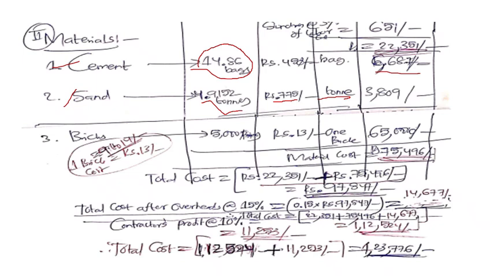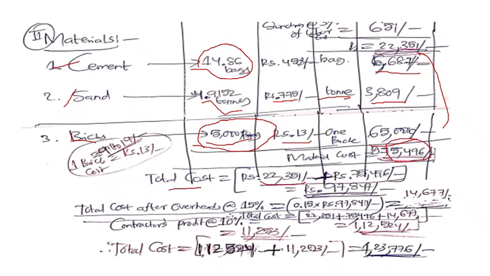So 775 into 4.9152 is equal to 3,809 rupees. The third one is bricks. The required bricks per 10 meter cube is 5,000 bricks. 13 rupees is the present rate of 1 brick. 13 into 5,000 is equal to 65,000. The overall material cost, these three values added, is 75,496 rupees.